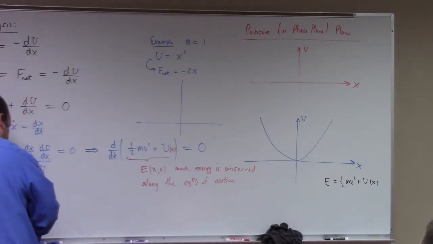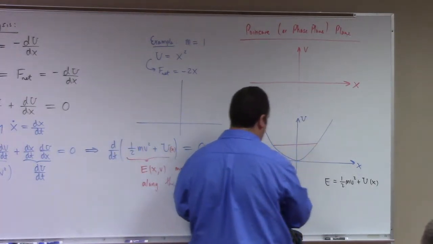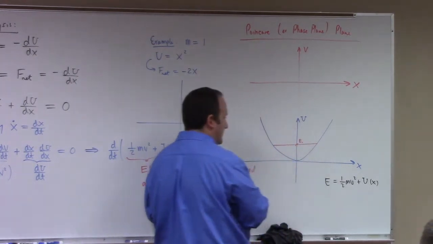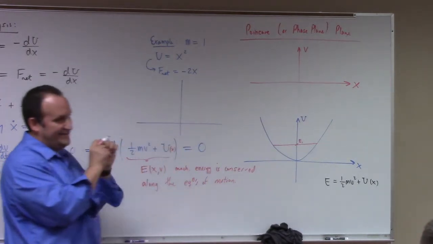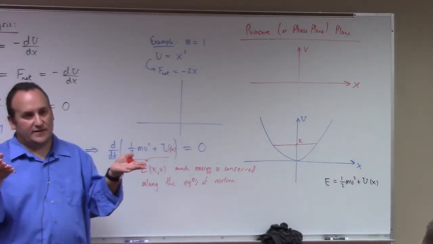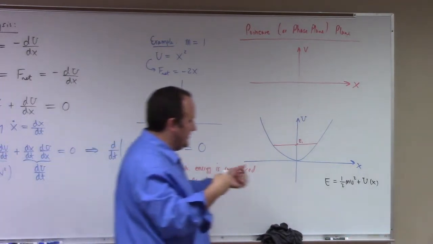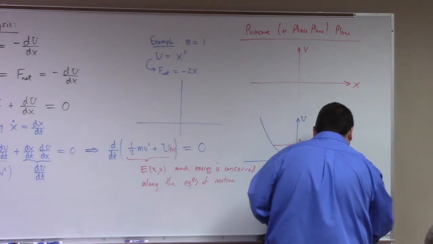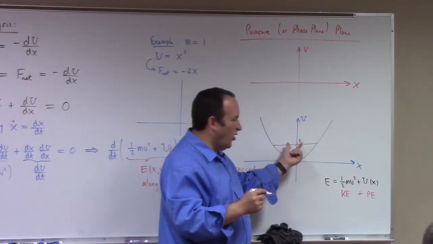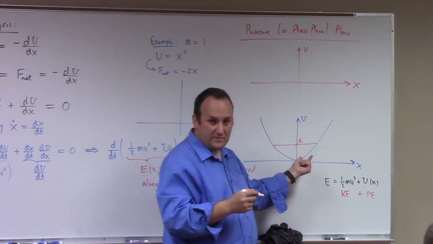So if I look at this energy level, let's say that's E1, I can't go past the potential energy, because to go past that would be to say that the kinetic energy, the 1/2 mv squared, was negative. The net energy is kinetic energy plus potential energy. If the net energy is below the potential energy diagram, that means the kinetic energy is negative.